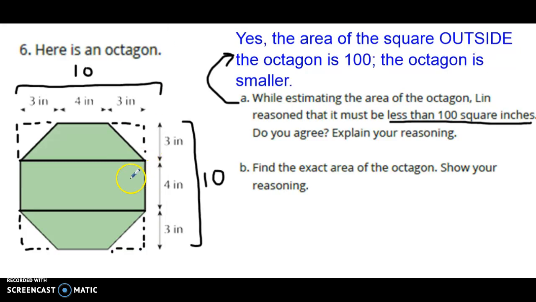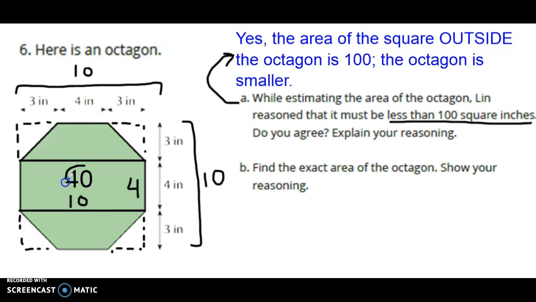I know that this side is 4 because it's right here. I know that this side is 10. So overall, 10 times 4 gives me 40. So I know that the area of just this rectangle is 40.